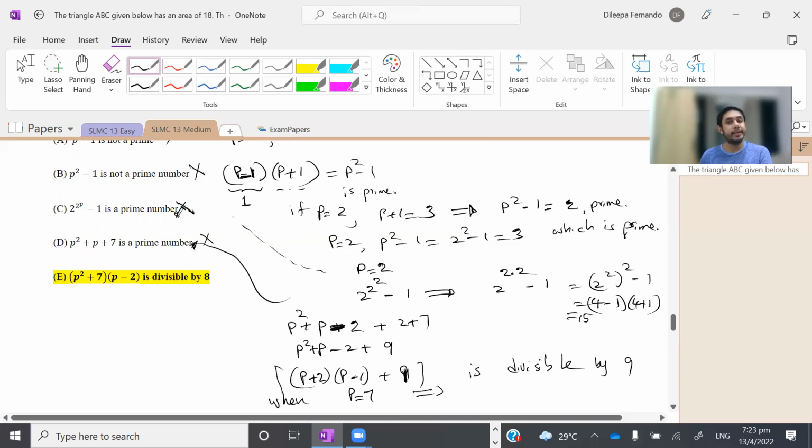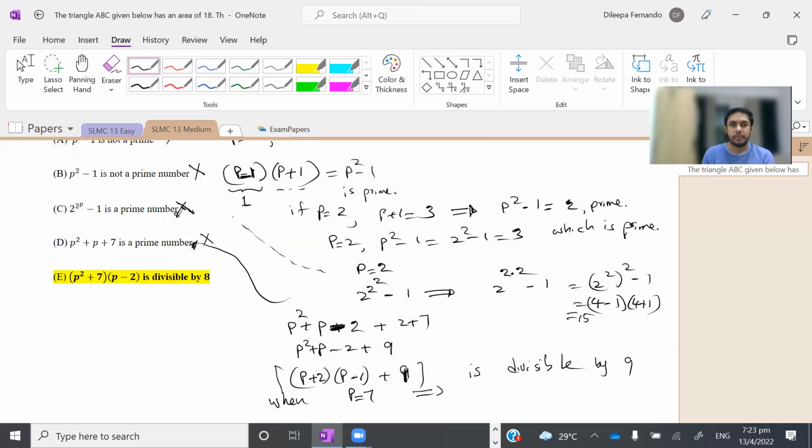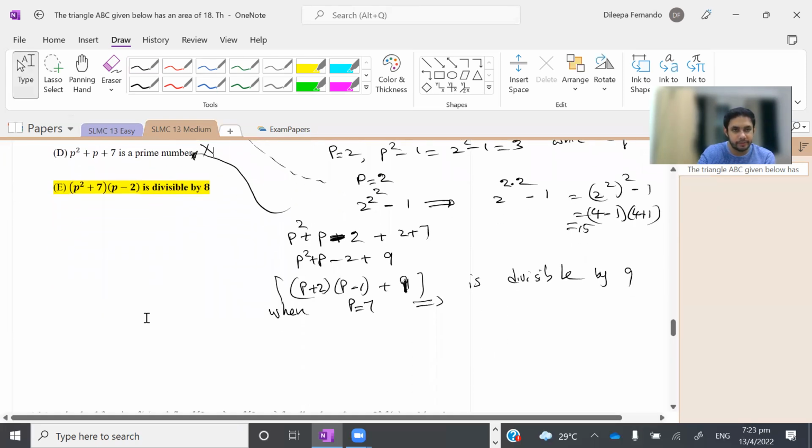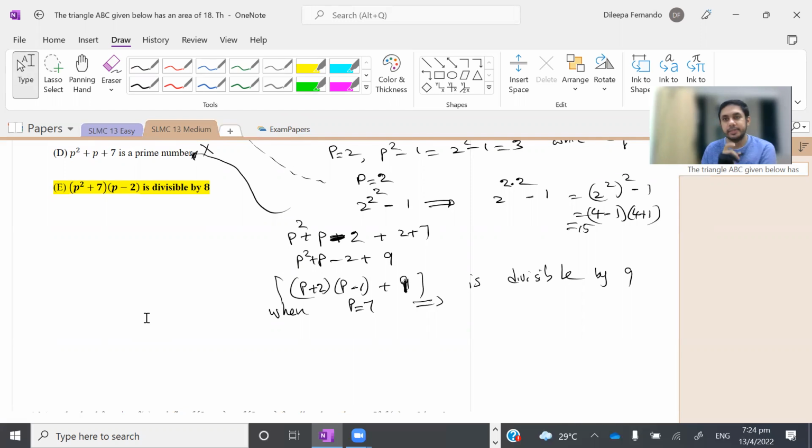When you are doing the exam, you don't have to verify whether E is correct, because time is critical. You don't have to verify, but I'll verify. For divisibility, we just need to check the modulo.